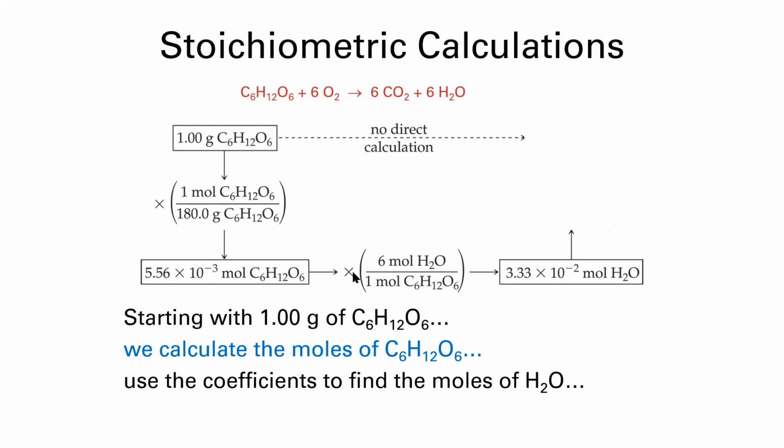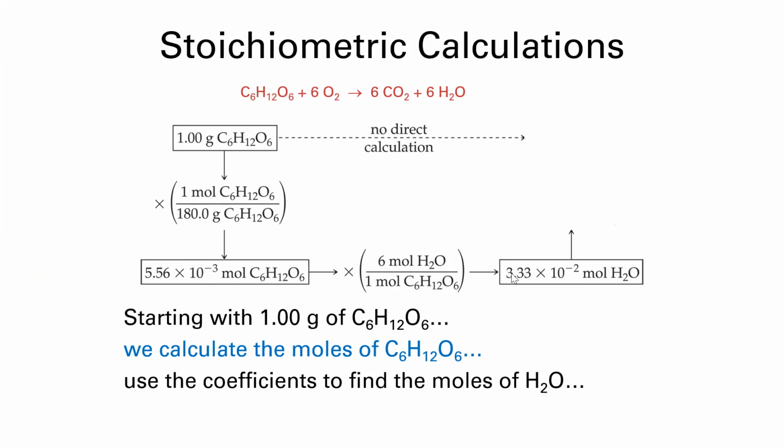For example, if we want to calculate the amount of H2O, we have to multiply the moles of C6H12O6 by 6.